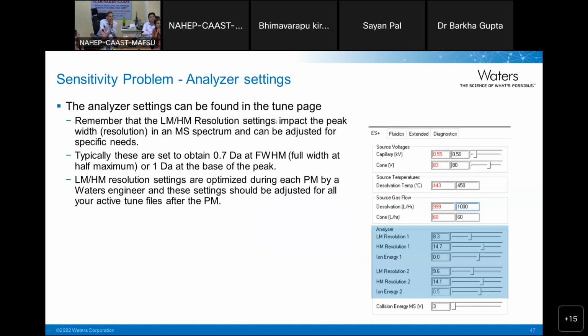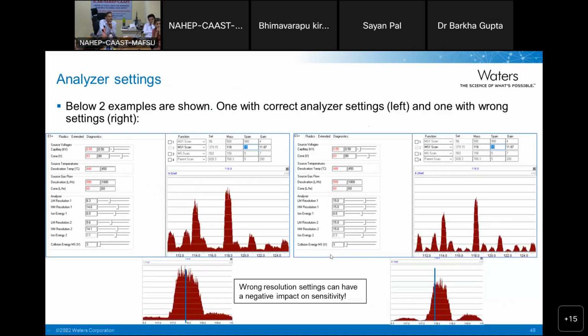Okay. Now the analyzer settings: there are high mass and low mass resolution settings in your instrument. If those settings are not correct, that could also lead to sensitivity problems. Like this one, this is the optimum resolution that is expected, and here there are some resolution changes.